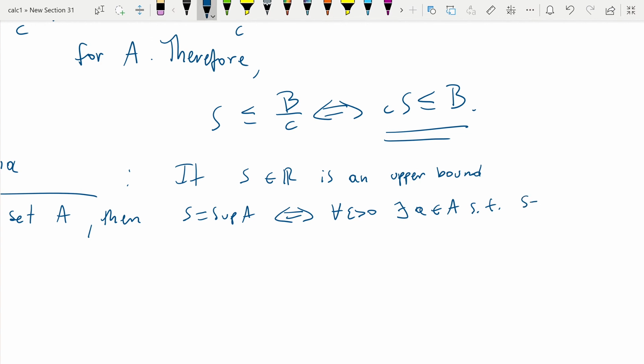So S minus epsilon is smaller than a. And this is a property that we're going to show in the next video.